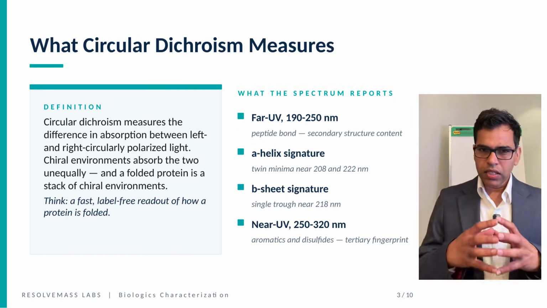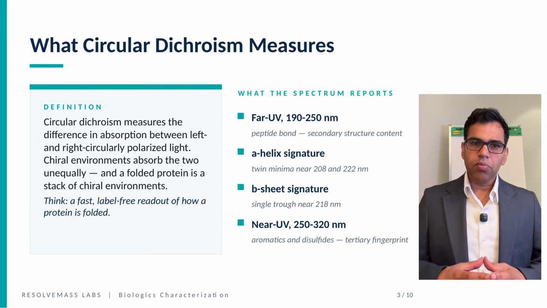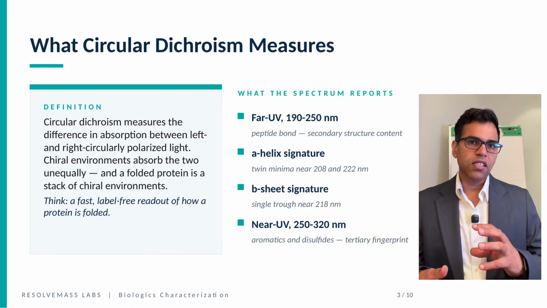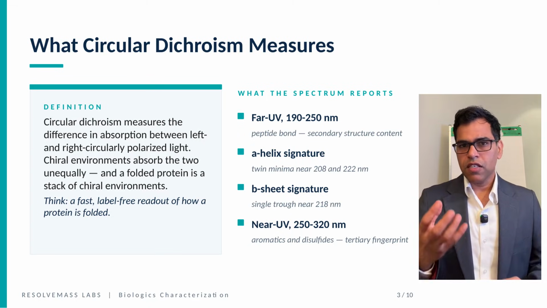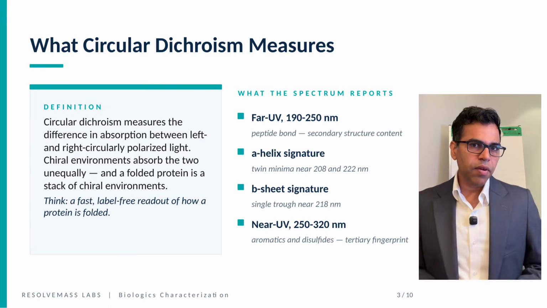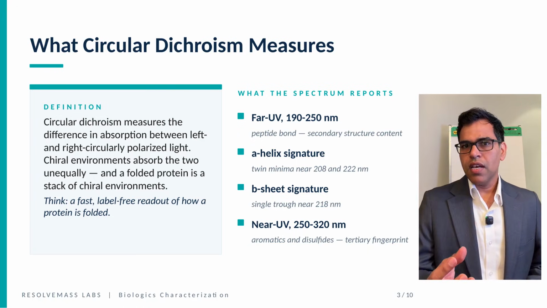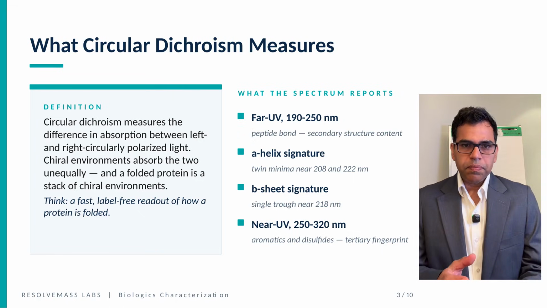So, what is the instrument doing? Circular dichroism passes left and right circularly polarized light through your sample and measures the difference in absorption. Chiral environments absorb the two unequally, and a folded protein is a stack of them.